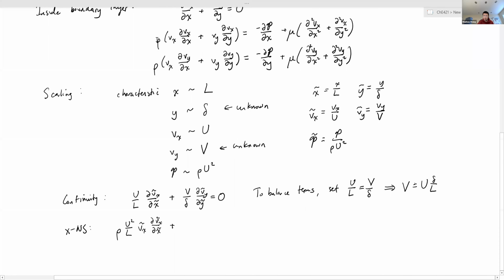Second term is rho times v, which is u delta over L, times u over delta. So I have rho u delta over L times u over delta. Okay, and then vy dvx/dy.